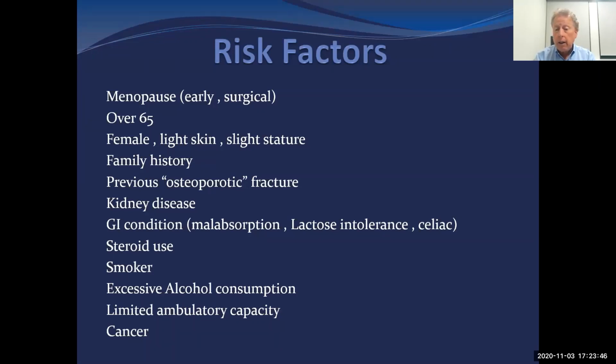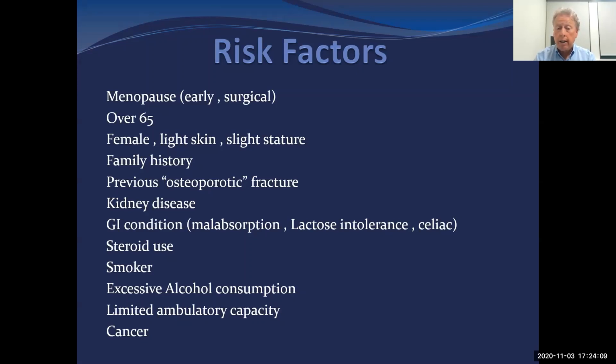Celiac disease is another one that we're recognizing more, so those people have osteoporosis. Steroid use is a very big contributor to osteoporosis. So people that are on steroids for whatever reason, because they have autoimmune issues generally, or asthma and things like that, those people have a high incidence of osteoporosis.